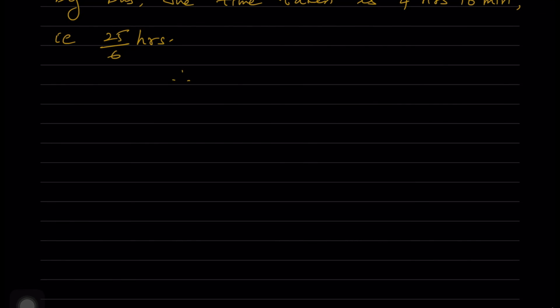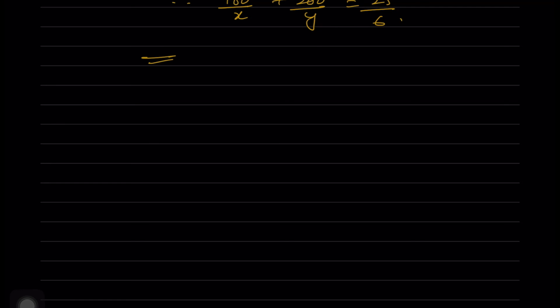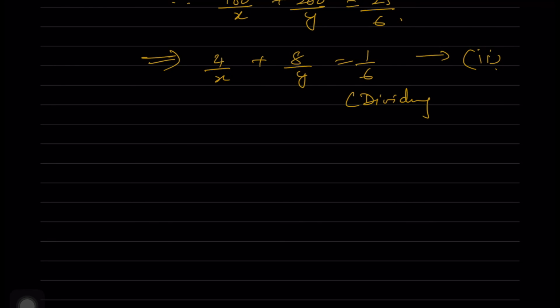So you are getting 100 by x plus 200 by y is equal to 25 by 6. When you divide throughout by 25, you are getting 4 by x plus 8 by y is equal to 1 by 6.